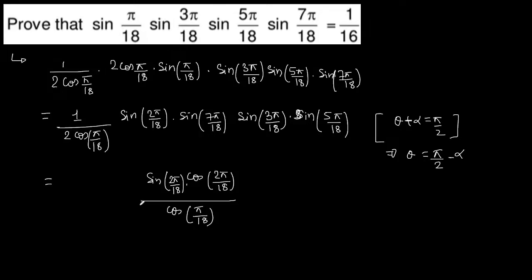So it is cos pi by 18, cos 2 pi by 18. We will multiply 2 and divide 2. This is sin 3 pi by 18, sin 5 pi by 18.